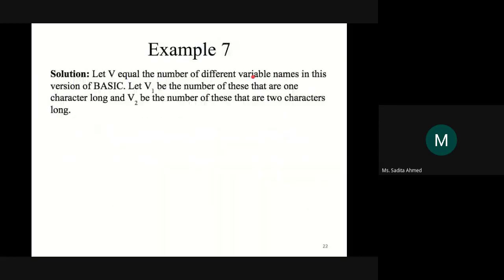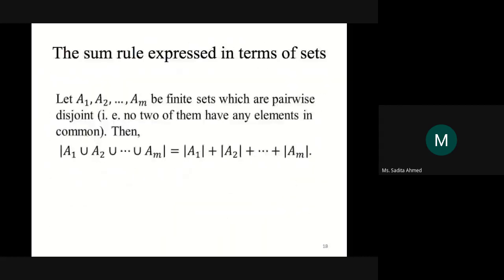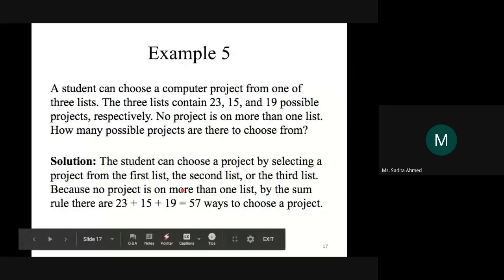For example, in this example, if you have certain projects which are there in multiple lists, and if you still apply the sum rule, you're counting the projects which are common more than once.